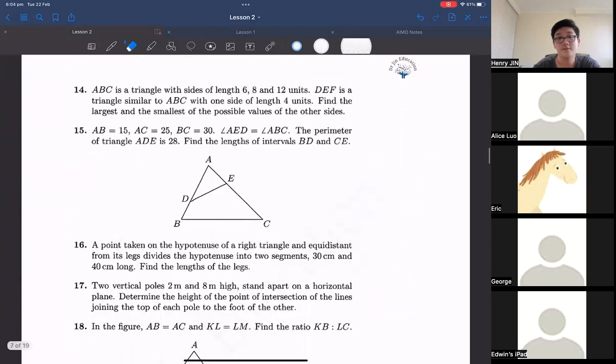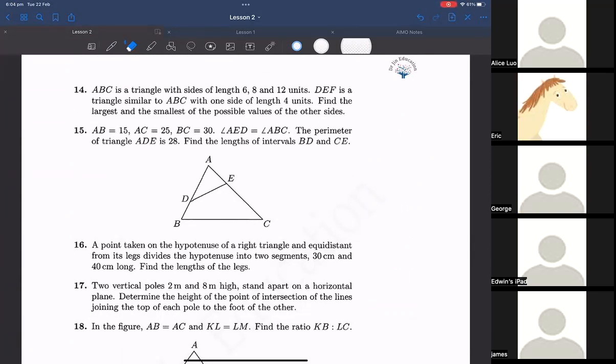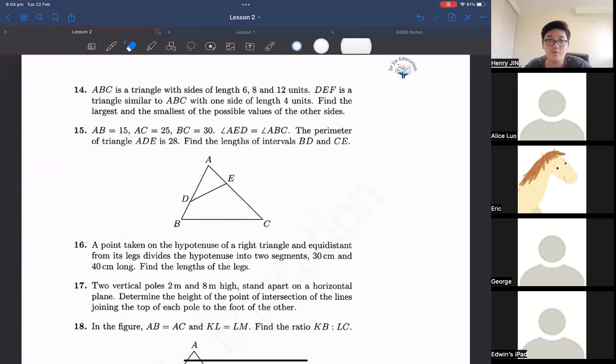Let's go with 15 first. Yep. So we'll follow the same system. If you think you finished the question, you can raise your hand, so that way I know when to go through the question.